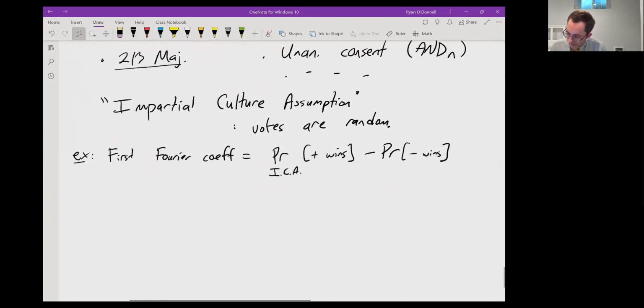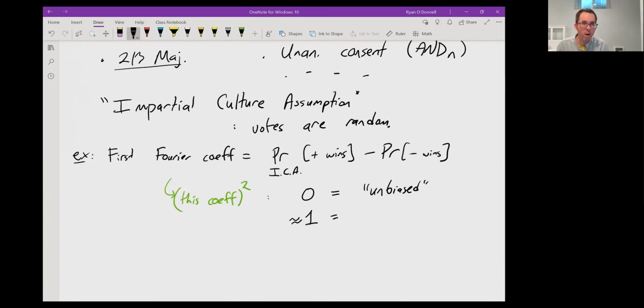And actually, this coefficient squared, if it's 0, would be an unbiased rule, because 0 squared is 0. It's equally likely that plus or minus will win if everybody votes randomly. On the other hand, if the squared coefficient is very close to 1, it means the coefficient itself is either very close to +1 or very close to -1, which means that the voting rule is inherently very biased.